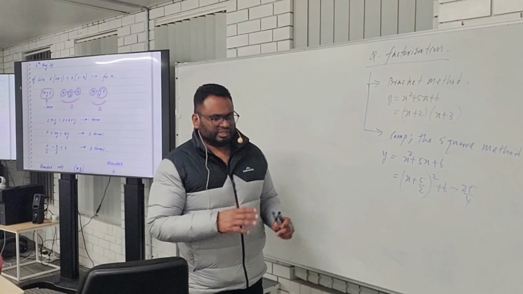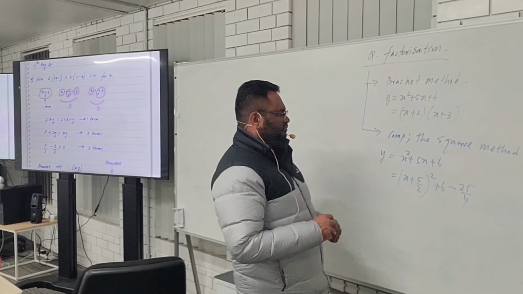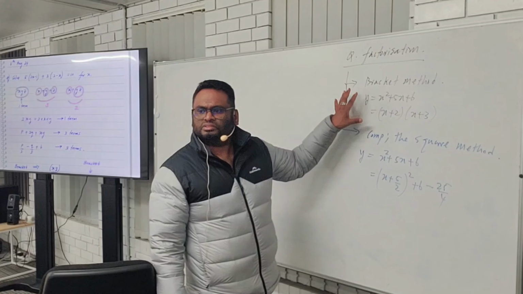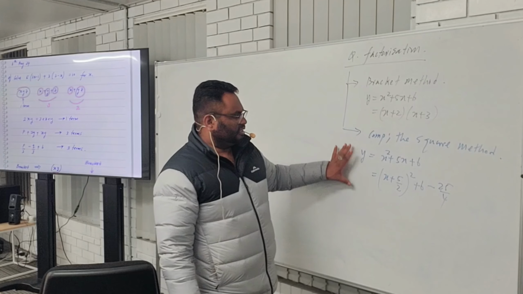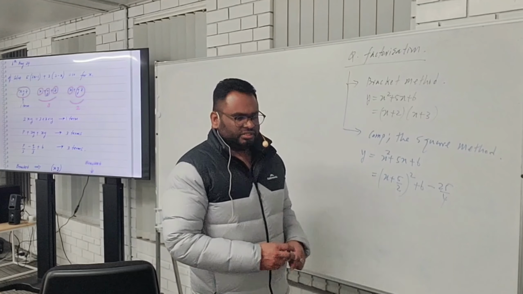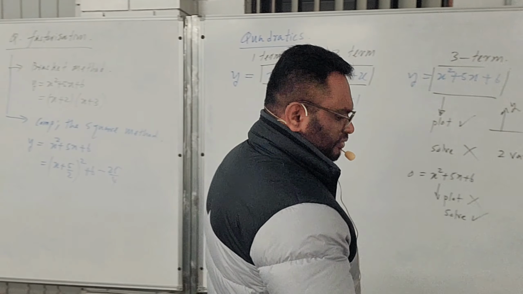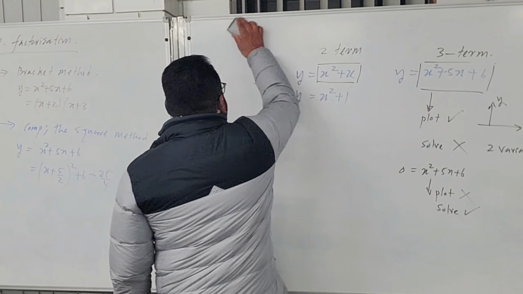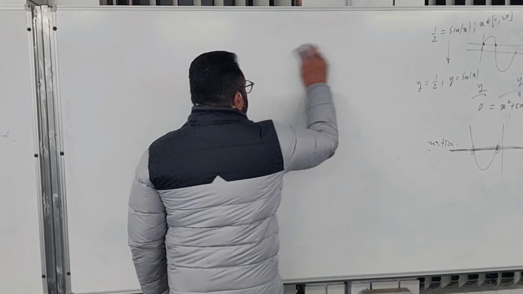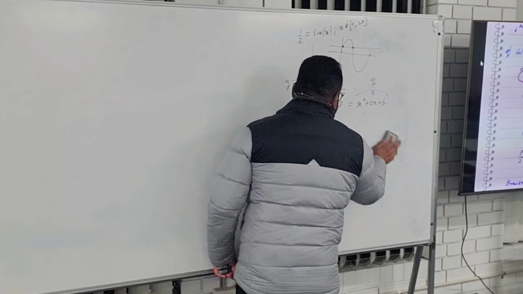How do you get it? I will slowly explain to you. I think bracket method, no need. You know bracket method, right? Completing the square method, I will show it to you. So I will erase this one out and show you how completing the square method works.